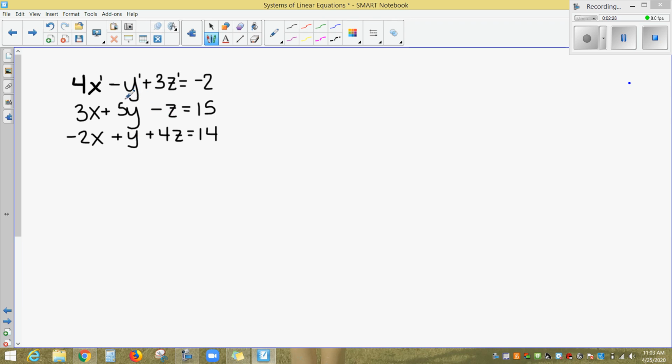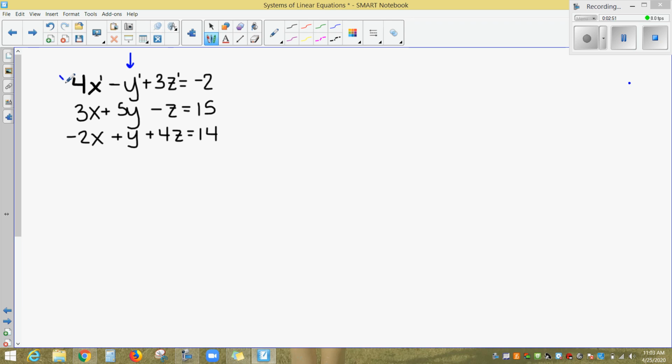So that'll be my shortest path. Also, since the top and the bottom equation already are opposites, my vote at my desk is going to be that I want to eliminate the y's. You can still solve this system eliminating x's. You can solve it eliminating the z's, but I'm going to work with the y's.